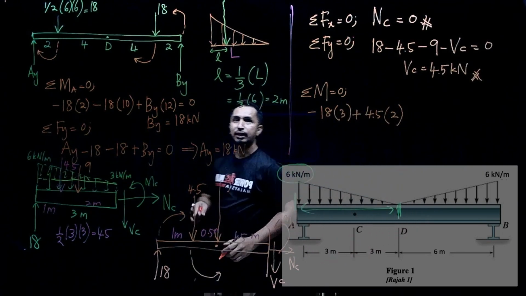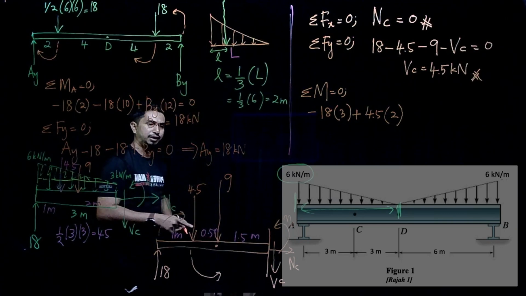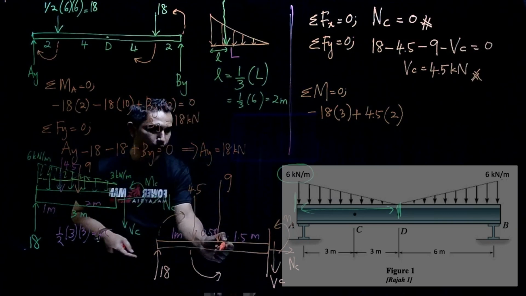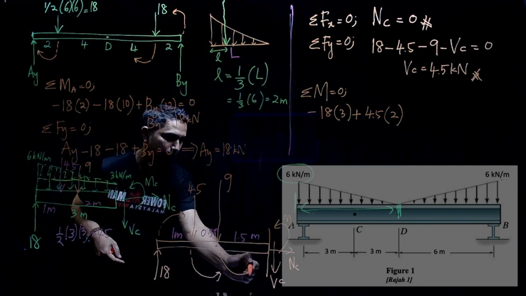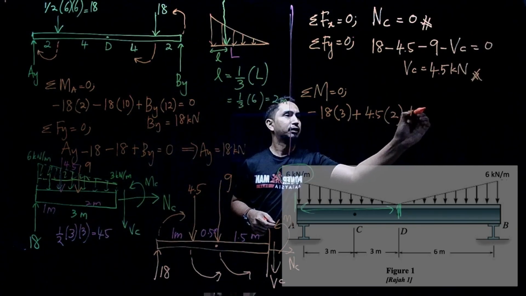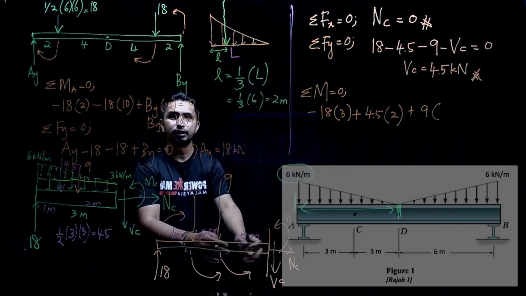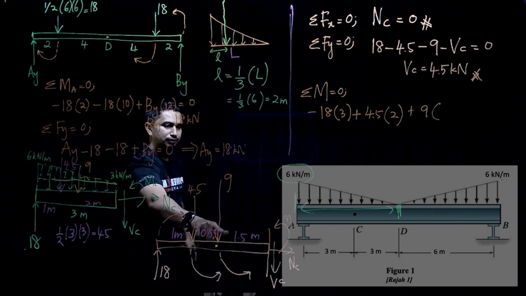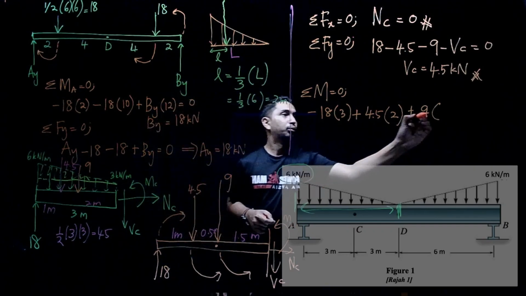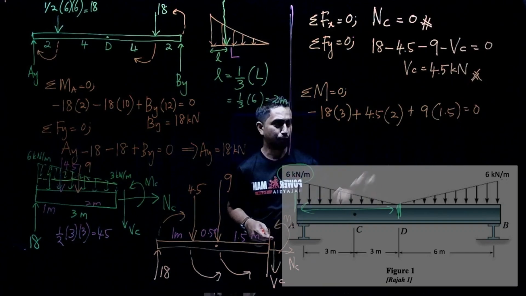And then I have the last force, 9 kilonewton over there, also going down, rotating at point C. So plus 9. Distance from 9 kilonewton to point C is only 1.5.